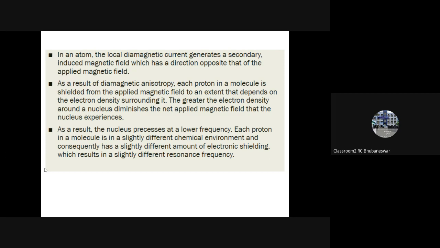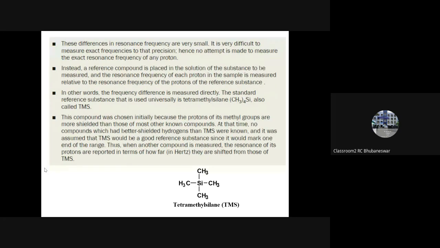So even if a molecule has different protons, they will have different chemical environments, and the electronic shielding effect towards those protons may be different. Eventually, they will have slightly different resonance frequencies.